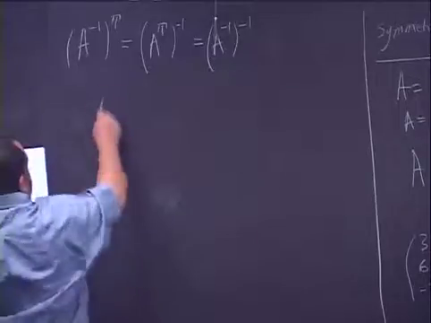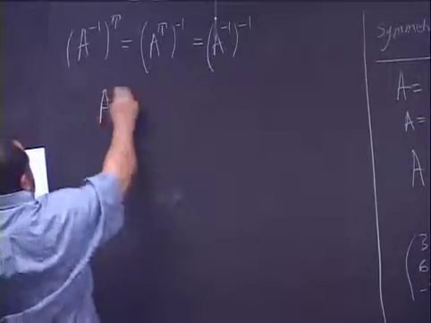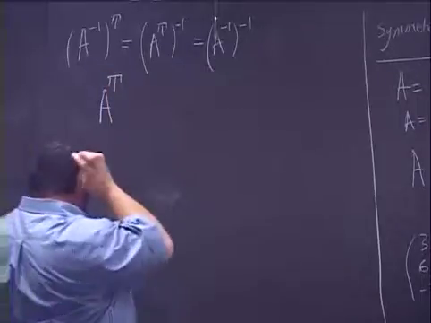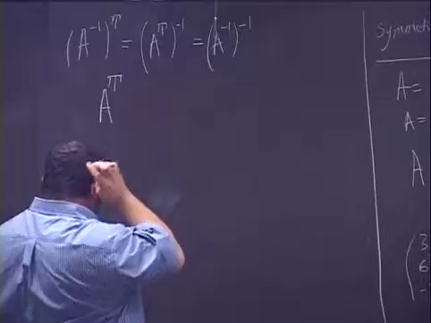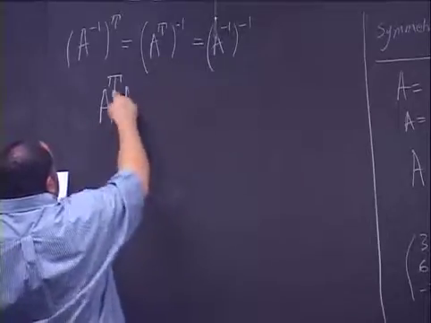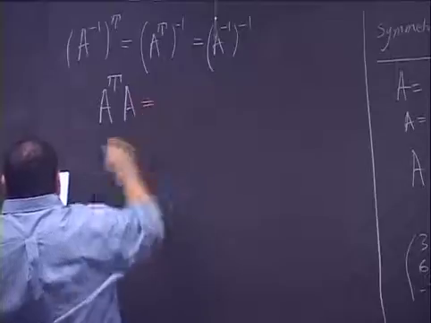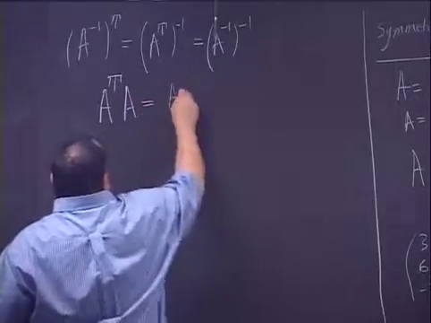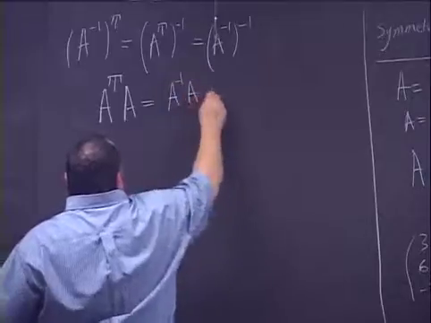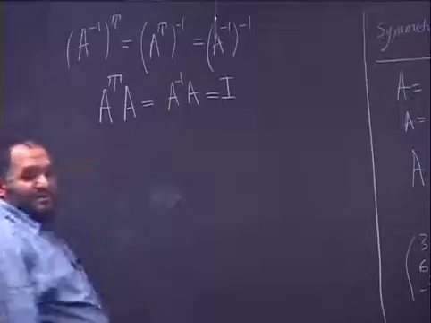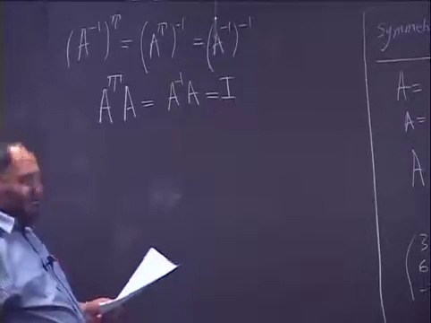So what's a good property of an orthogonal matrix? For an orthogonal matrix, A transpose multiplied by A is nothing more than A inverse multiplied by A, and this is the identity matrix.